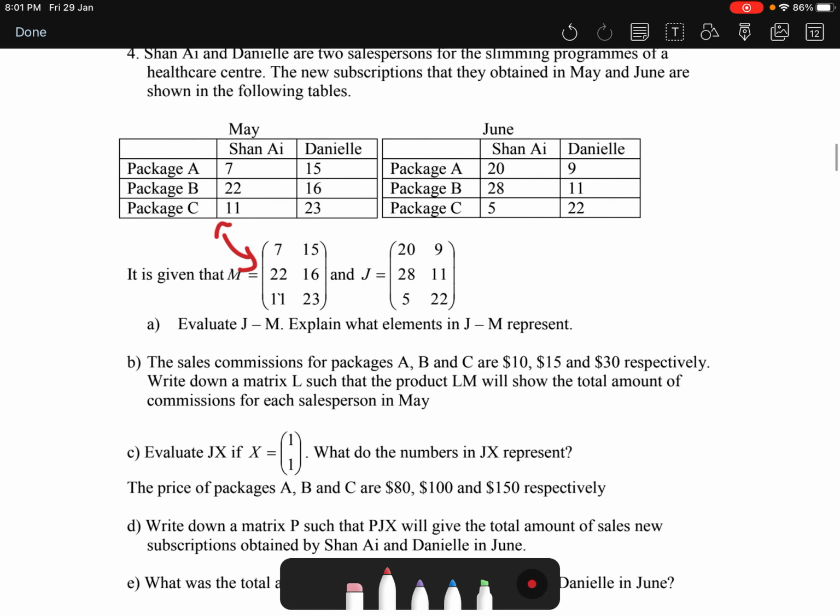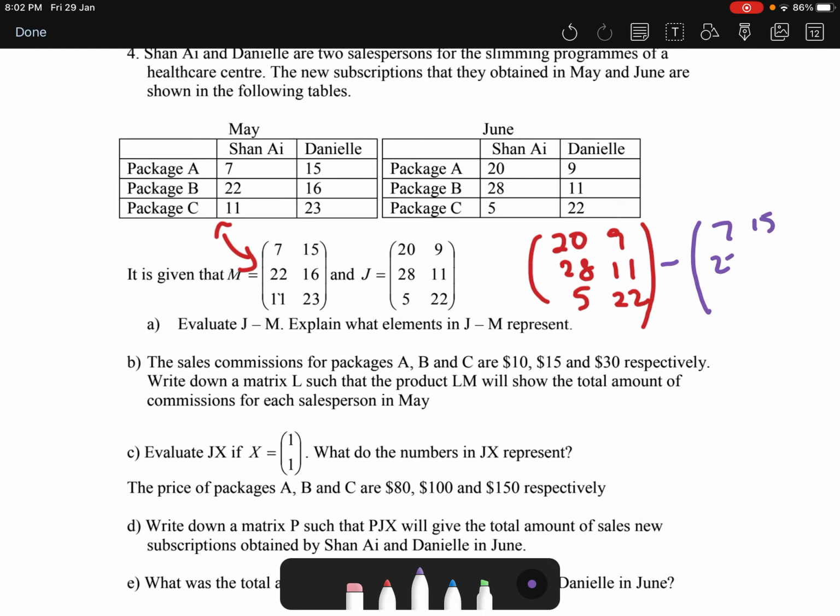First of all, we just subtract accordingly. So J minus M is 20, 9, 28, 11, 5, 22, minus away the May matrix, 7, 15, 22, 16, 11, 23. We subtract first element from first element, second from second.